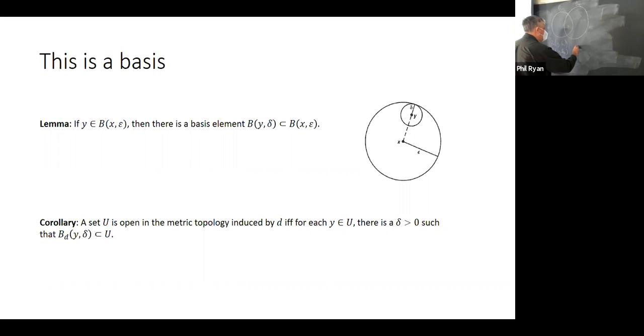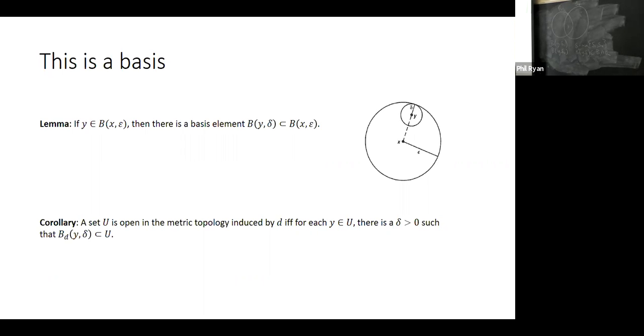Right. If we let delta equal the minimum of delta 1 and delta 2, then that is going to be true. Okay.